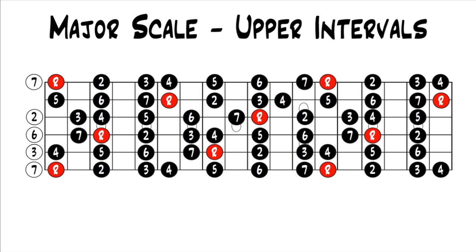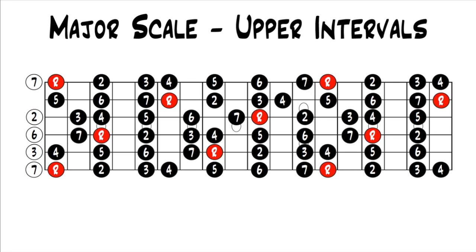And then those intervals would just repeat over and over again. You'd start at the next root and do the exact same interval structure. And that's what you're seeing over this whole fretboard on this diagram. Those are the intervals of the major scale. That's how you would view the major scale as far as intervals.